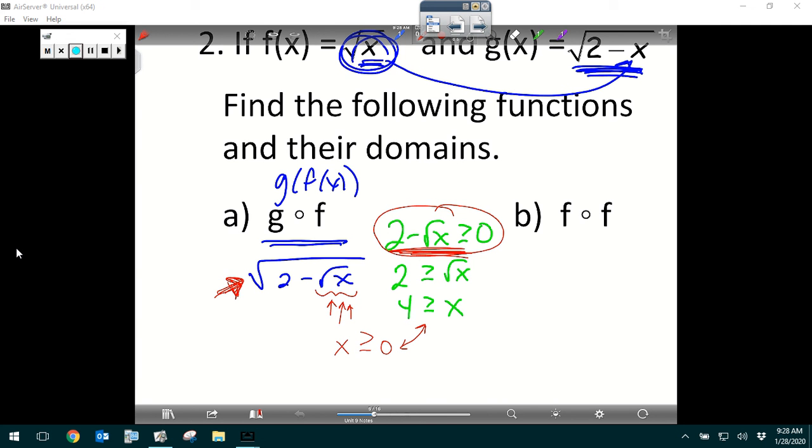So the intersection of these two, we can write in various different ways. We can write it as x has to be bigger than or equal to 0 and smaller than or equal to 4. Let's just write it in this form.